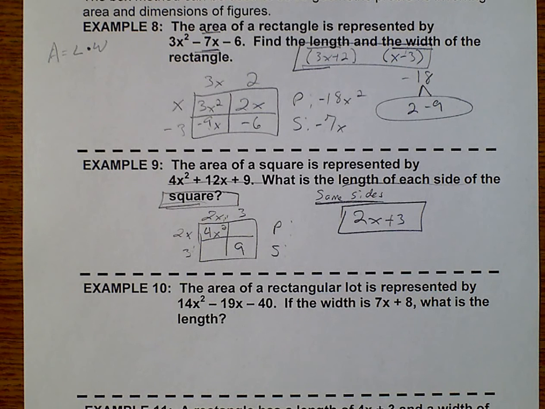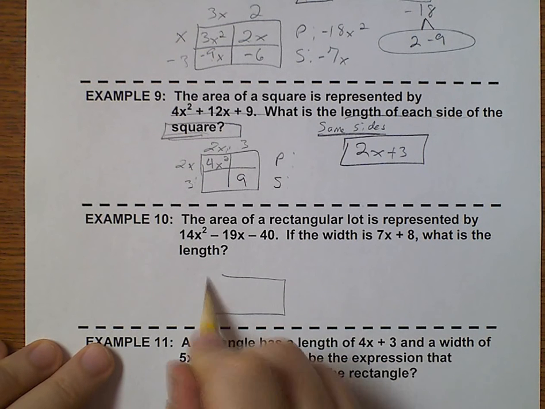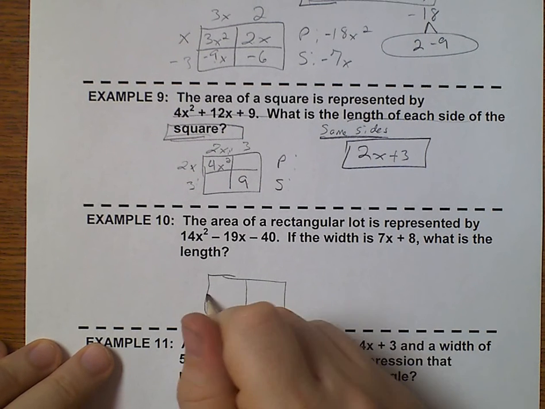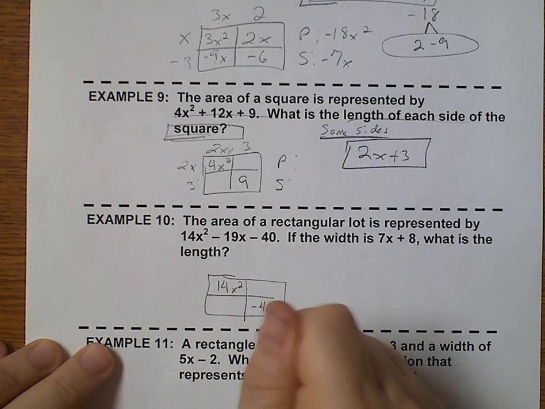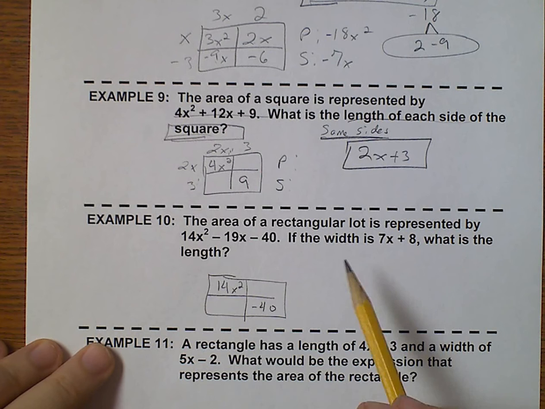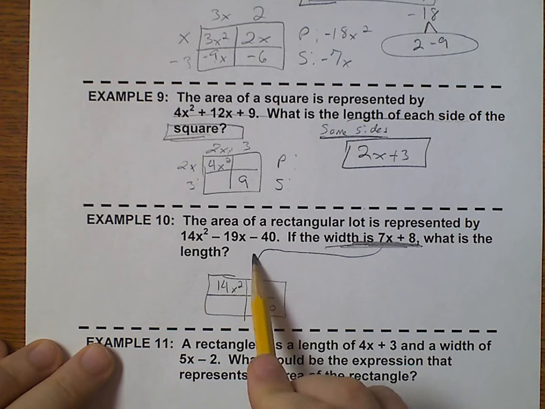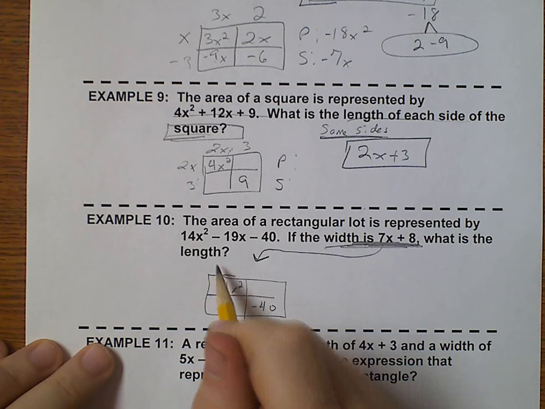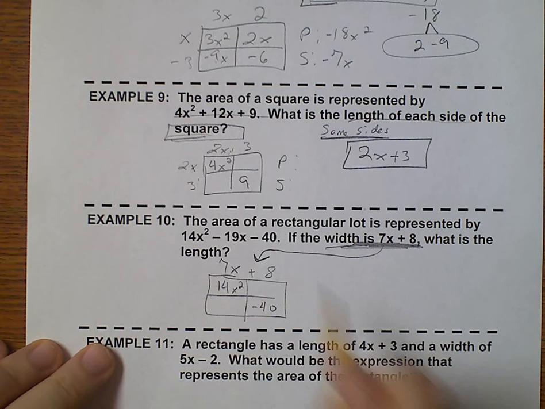Now for example number 10, we're going to set it up the same way. Start with our box. 14x squared, negative 40. But they tell us the width, so I'm going to go ahead and just plop that down right there, 7x plus 8. Means I don't need to figure out the rest of this.